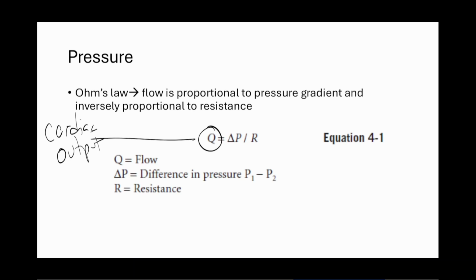So whenever you see the word or letter Q from now on, associate Q with cardiac output. What's the rate of flow leaving the heart? Liters per minute. It's a flow rate. Okay? Is proportional to the difference in pressures from one point to the other divided by the resistance.